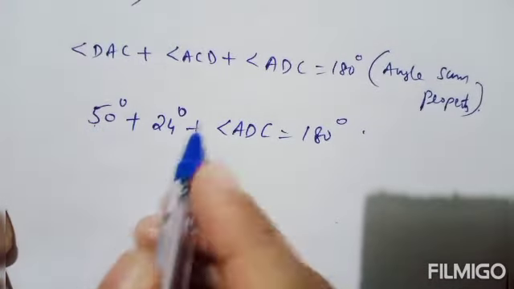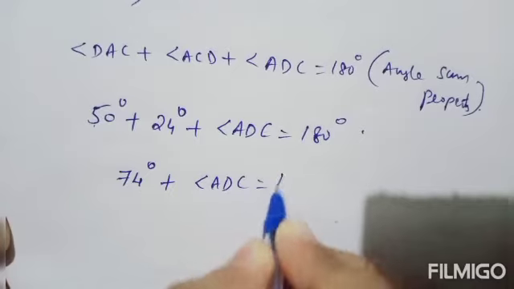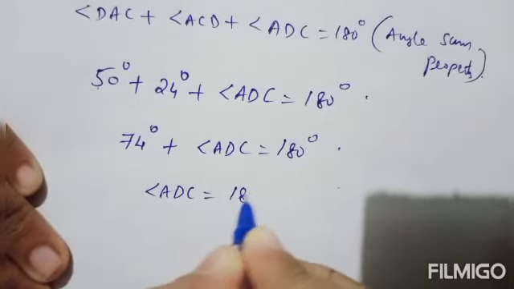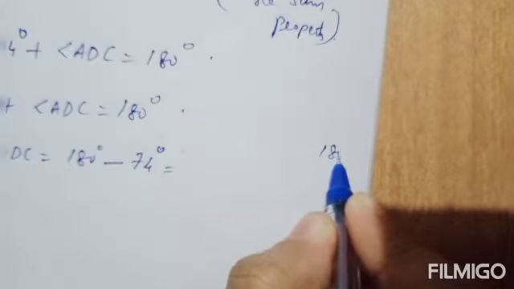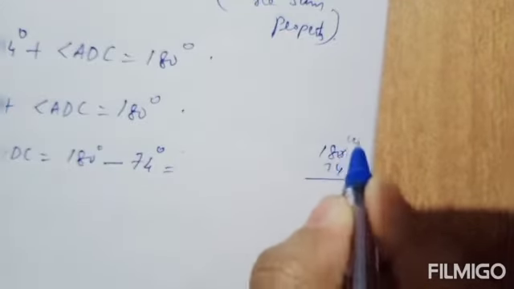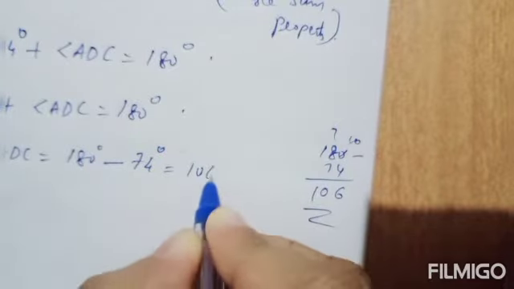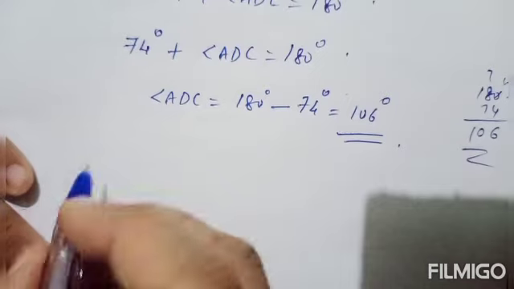Now 50 degree plus 24 degree is 74 degree plus angle ADC equal to 180 degree. So what will be angle ADC? 180 degree minus 74 degree. Okay, you can subtract 180 minus 74. You will get 106 degree. So angle ADC you got 106 degree.